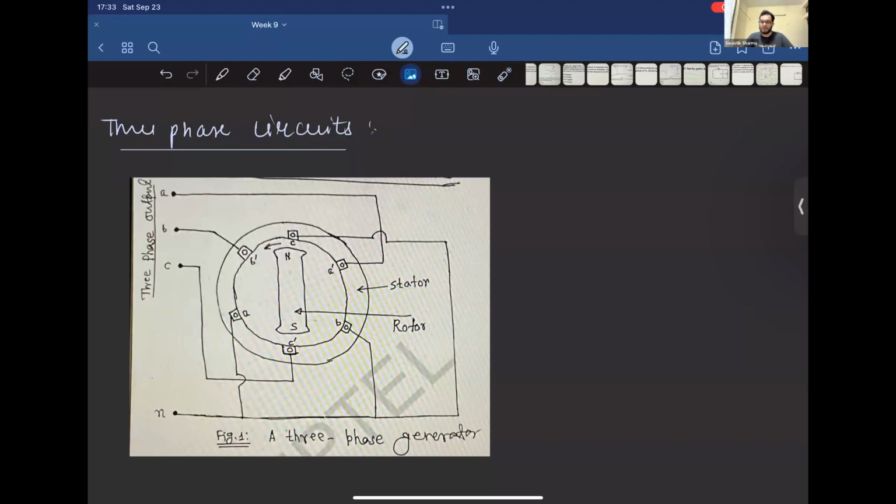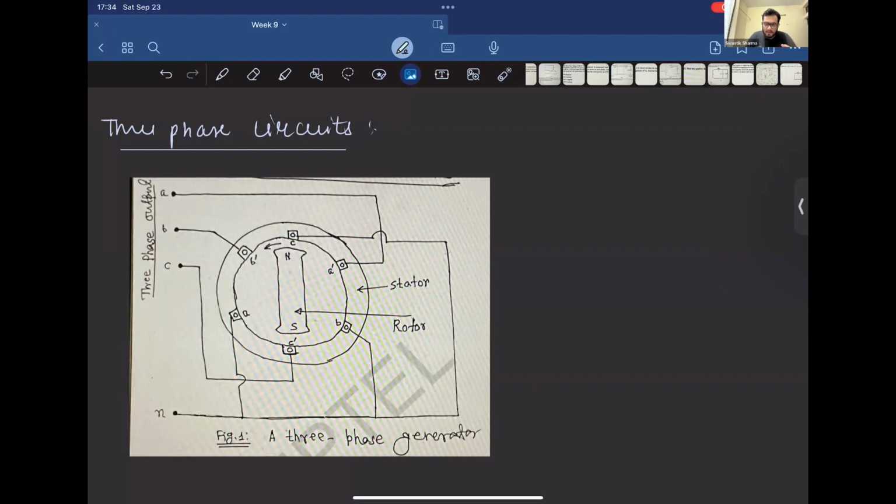And we have a rotor, which is a permanent magnet rotor, rotating in the anti-clockwise direction. So, as we have discussed in the previous class for a single phase AC circuit, if you move a coil, what happens?